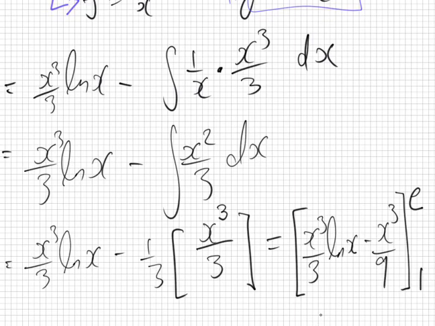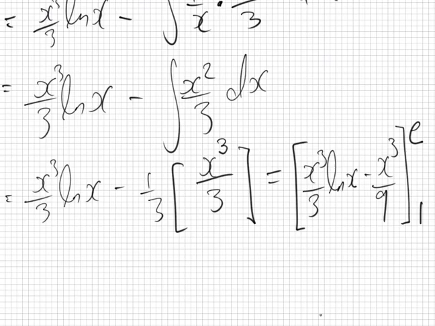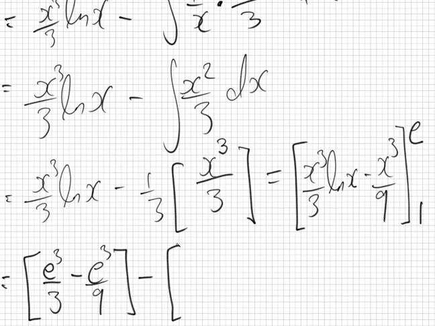Okay. Now, if I was to type in e on my calculator, I'd get e cubed over 3 minus e cubed over 9. And then if I type in 1, I get minus 1 over 9. Right? Did I do that okay?